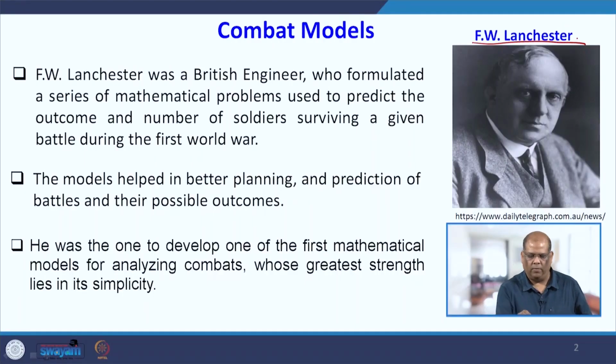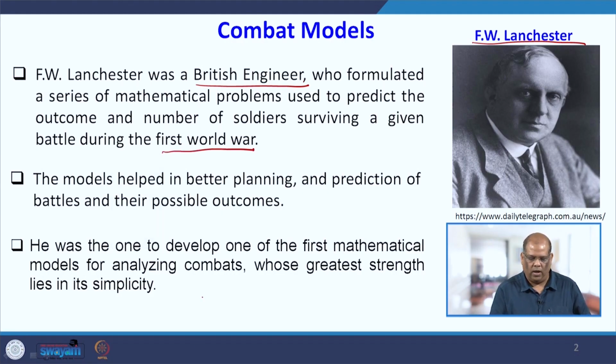F.W. Lanchester was a British engineer who formulated a series of mathematical problems that were used to predict the outcome and the number of soldiers surviving in a given battle during the First World War.